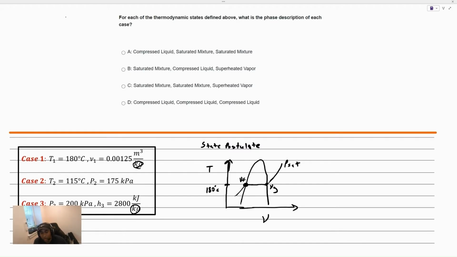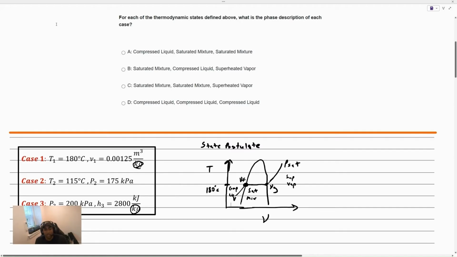Depending on where our given specific volume is, we could be inside of the dome, which would conclude that we're a saturated mixture. If we're greater than VG, we'd have a superheated vapor. And if we're less than VF, we have a compressed liquid.